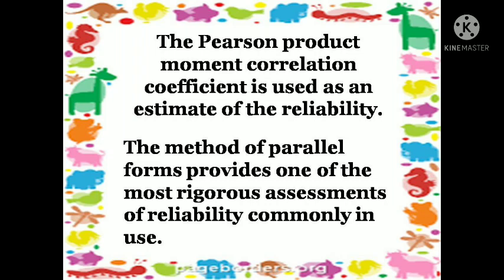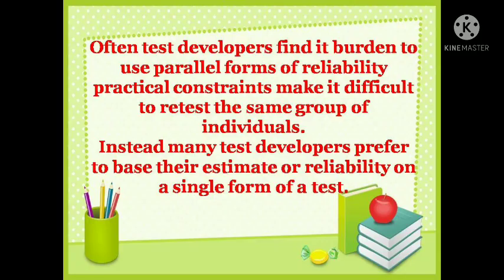The method of parallel forms provides one of the most rigorous assessments of reliability commonly in use. Often, test developers find it burdensome to use parallel forms reliability. Practical constraints make it difficult to retest the same group of individuals. Instead, many test developers prefer to base their estimate of reliability on a single form of a test.